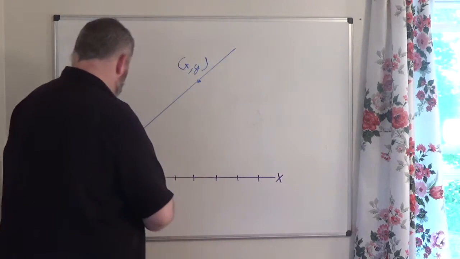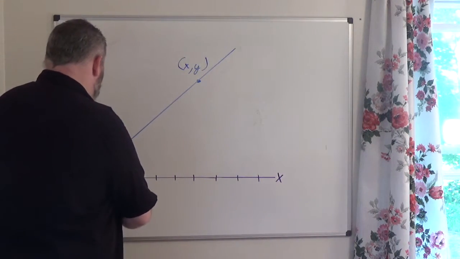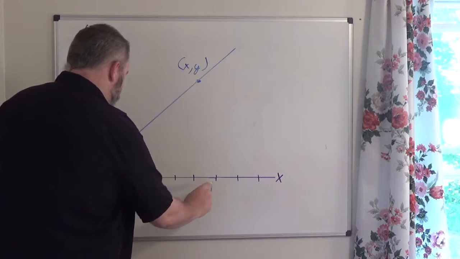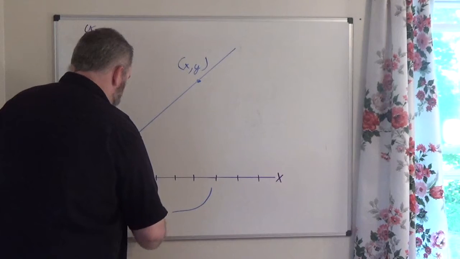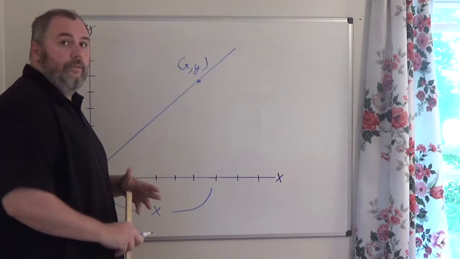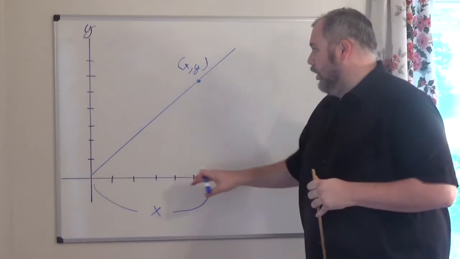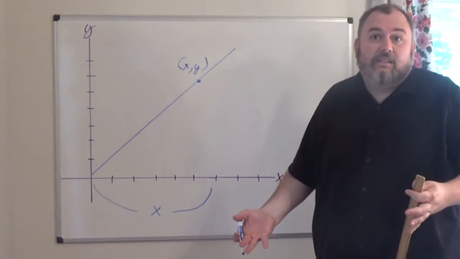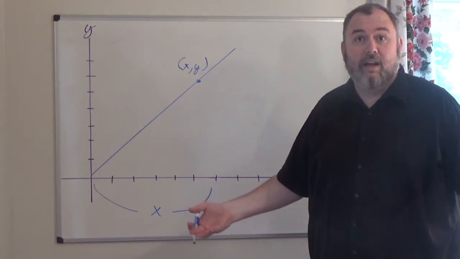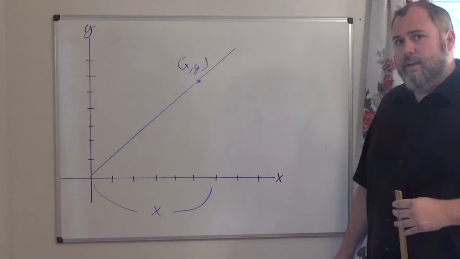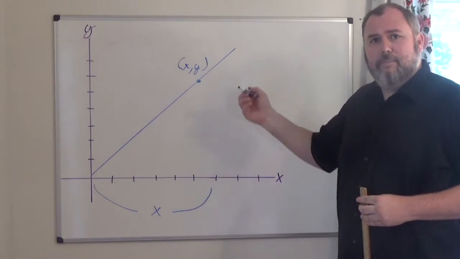So we know that it went from here all the way to approximately here. Okay? So this amount of space that we've moved from the origin point over here is approximately x. We don't know what it is. Could be 4, could be 5, could be 3,000 for all we know, but it's x. The next thing we need to understand is how far up it went.